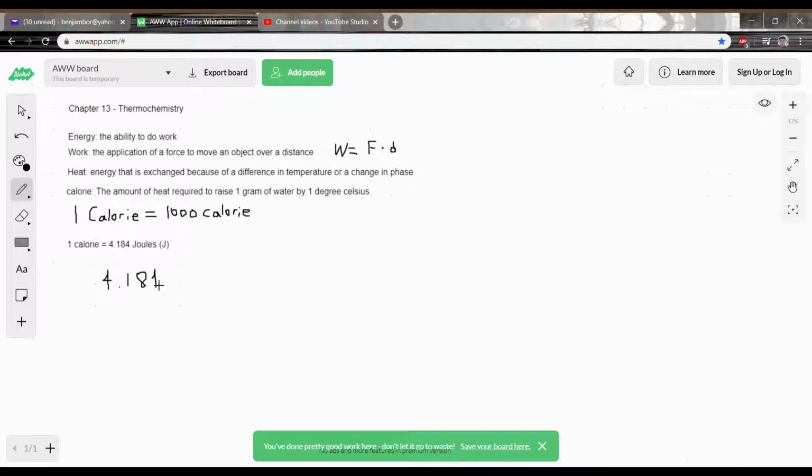It may actually look very familiar to you. It is 4.184 joules per gram times degree Celsius. Those units are kind of weird, but you'll understand why it has those units later.